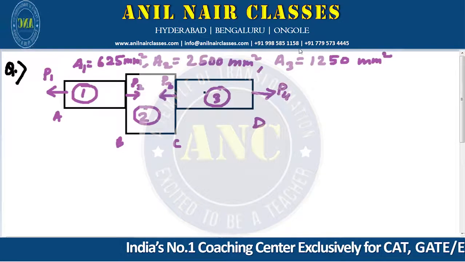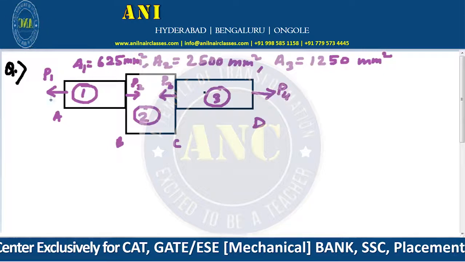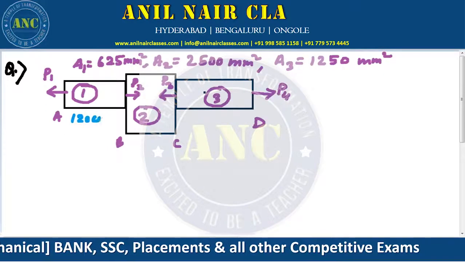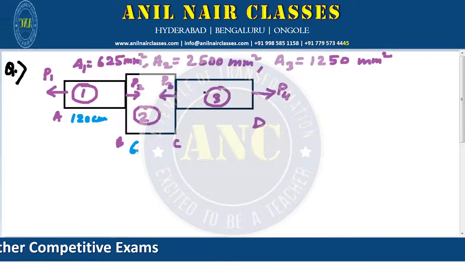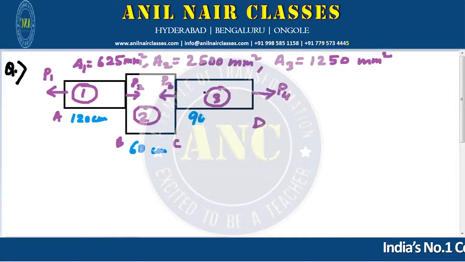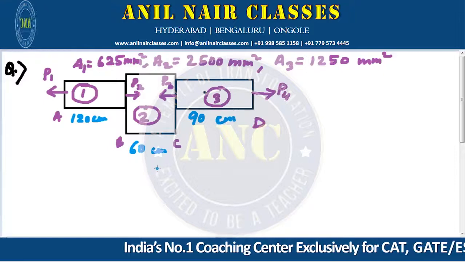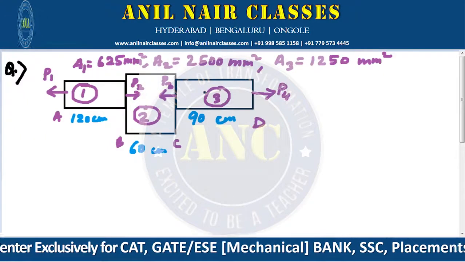These are the three areas, whereas length is given as 120 centimeter. This is 60 centimeter, and this is 90 centimeter. Clear?